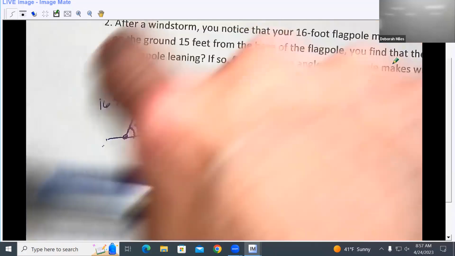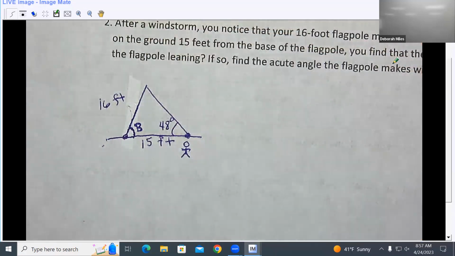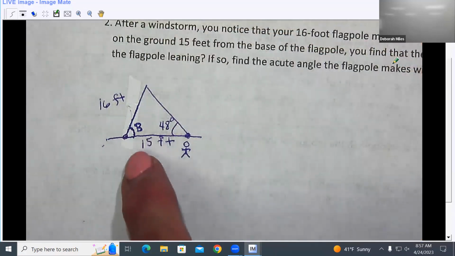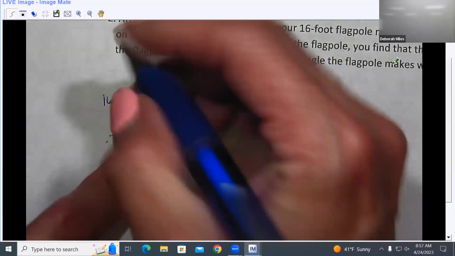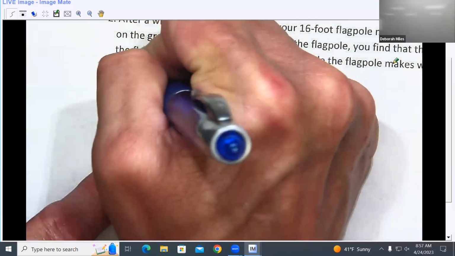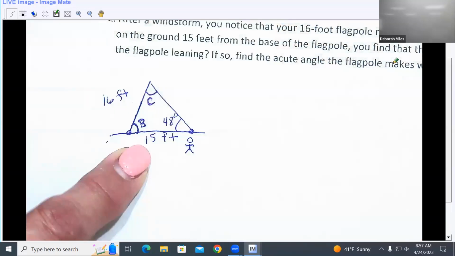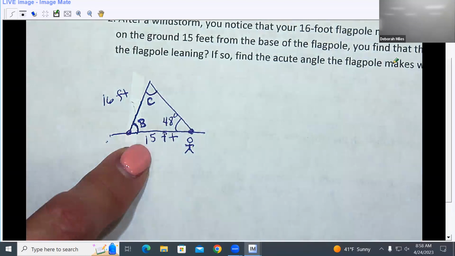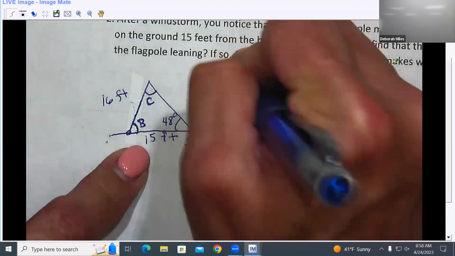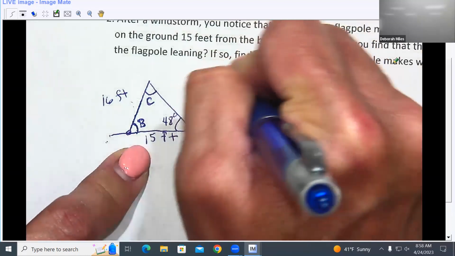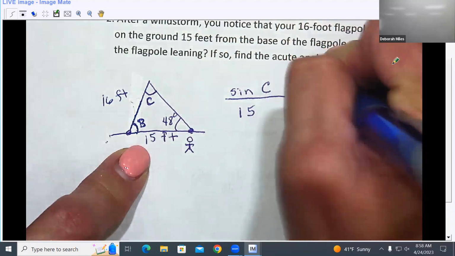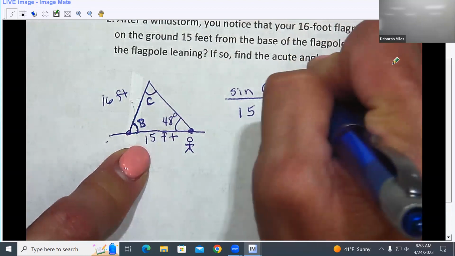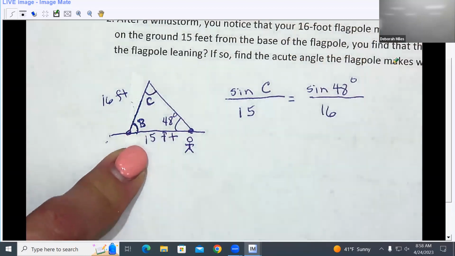How do I find the top angle? Oh, because I know the side opposite it. So let's call this C. And we can say sine of C over 15 equals sine of 48 over 16.